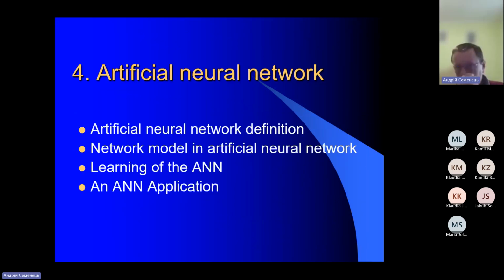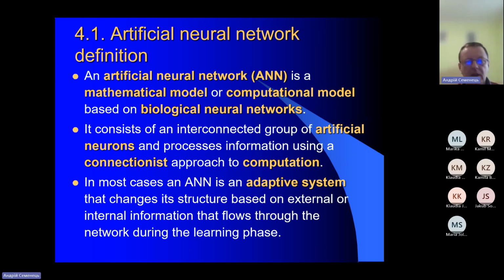Okay, now we have about 10 or so minutes remaining. So a few words about the artificial neural network as yet another approach which allows us to build expert systems, decision support systems, and so on. By artificial neural network, we understand a mathematical, computational model based on biological neural networks, which simulates the behavior of this network with, of course, a mathematical approach.